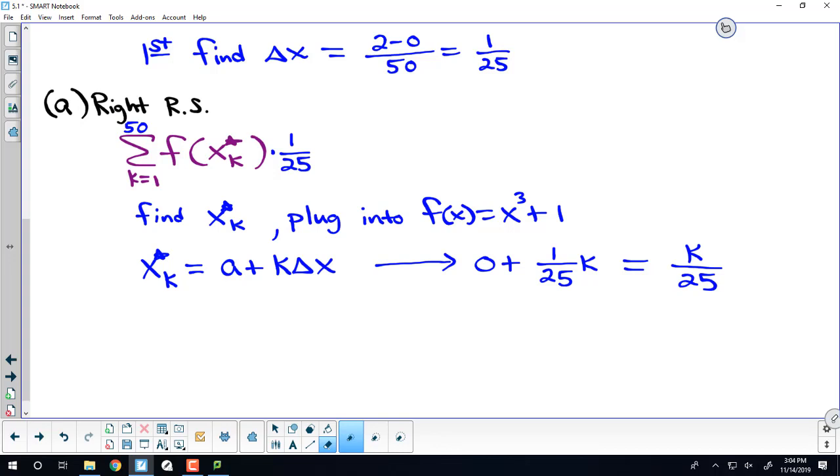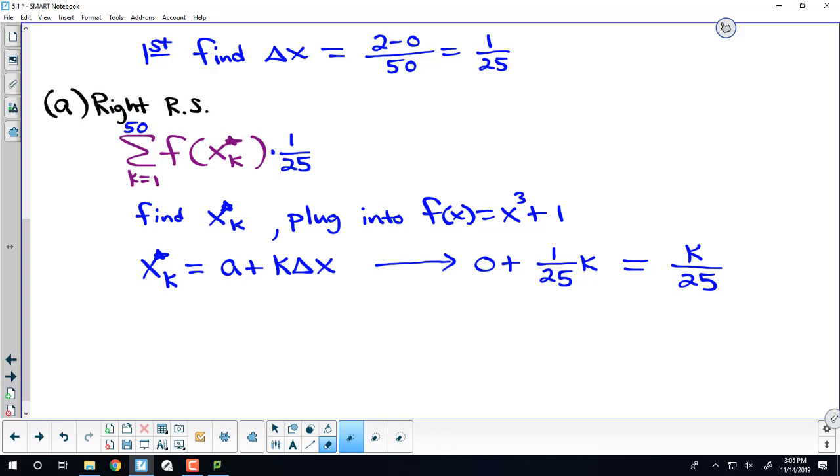Okay. So in this case, with these equations, like in our previous ones, we were using k essentially as our number of subintervals, right?